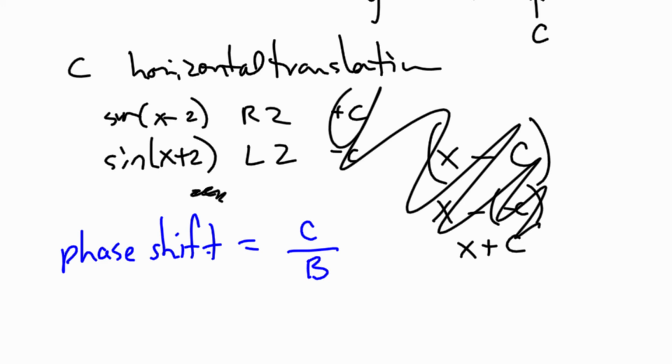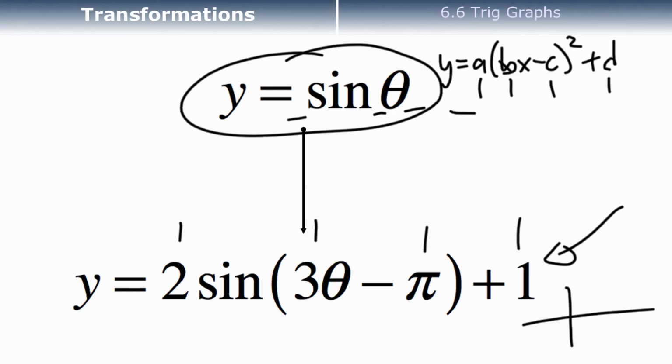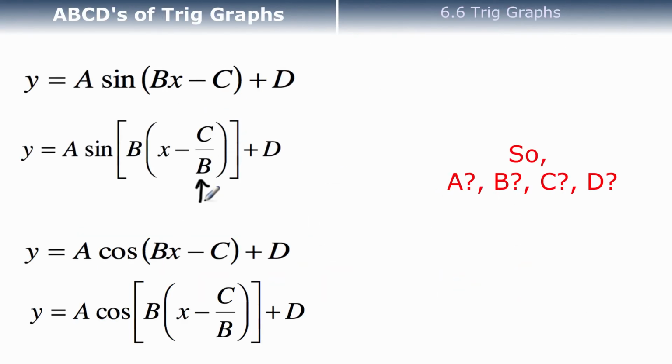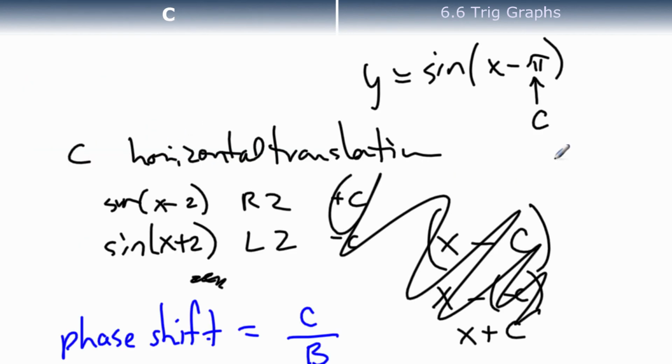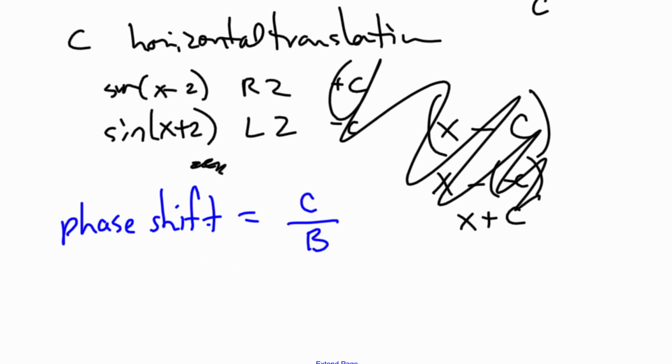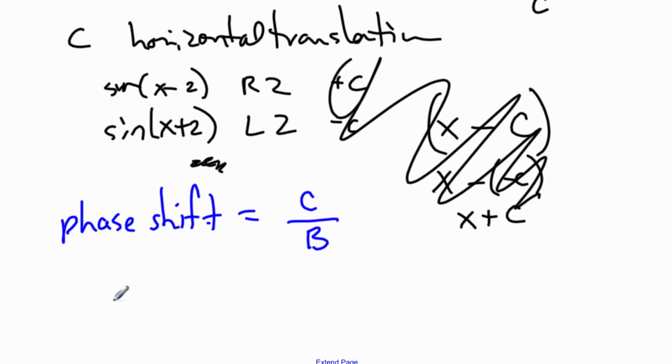And in that big formula that I showed you right off the bat, this one right here, that's why I like that there, because the phase shift isn't just c, it's whatever c divided by b is. On many tests, a person might not give you a b value with a c value, so often you see ones like this, sine x minus 3, and you just say, okay, it moves it right 3.